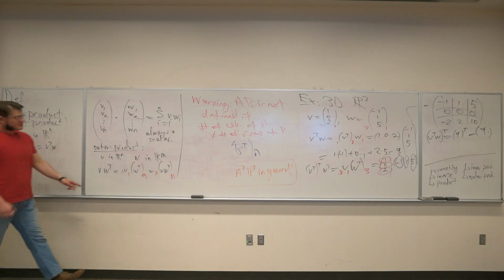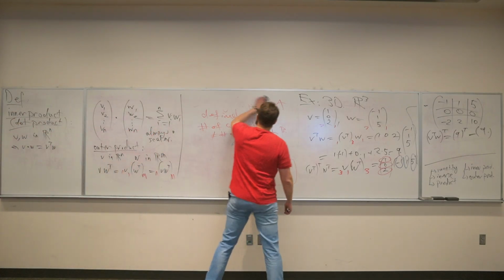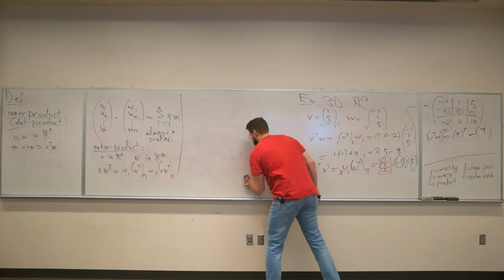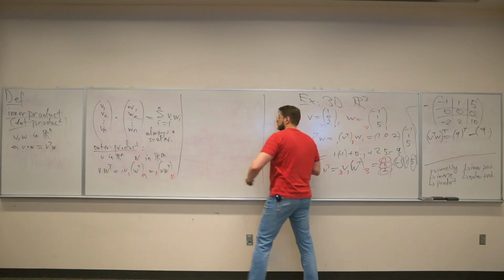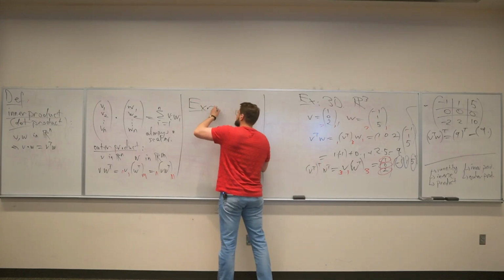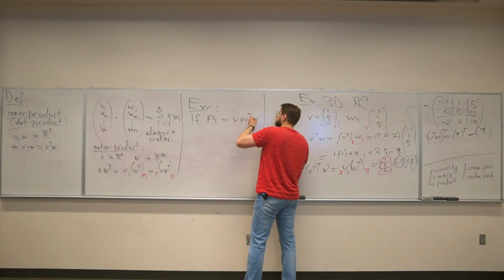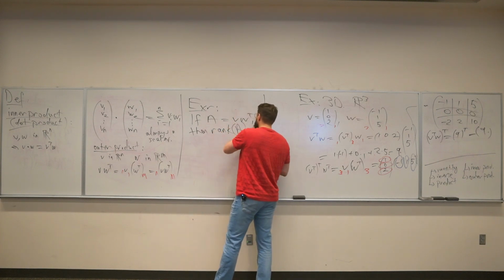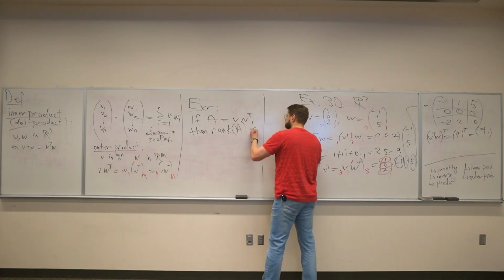A very nice exercise is that any outer product like this has rank 1, or 0, possibly. If A is of the form VW transpose, then its rank is at most 1. Could be 0, but at most it is 1.